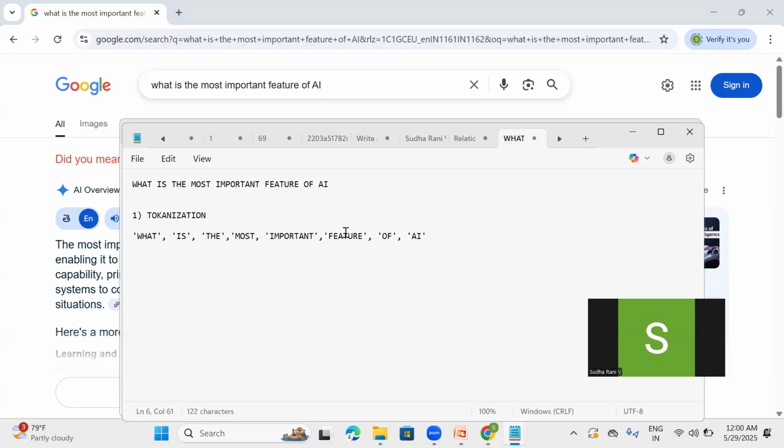Right. So this is tokenization. The first step is completed. We divided the complete sentence into different words, and the tokenization is completed.